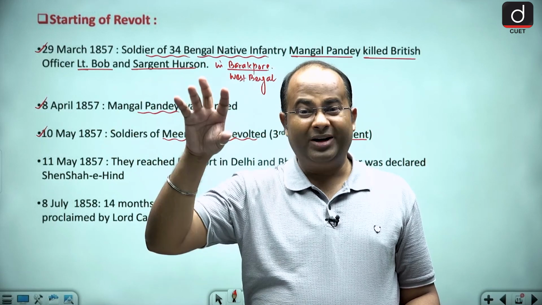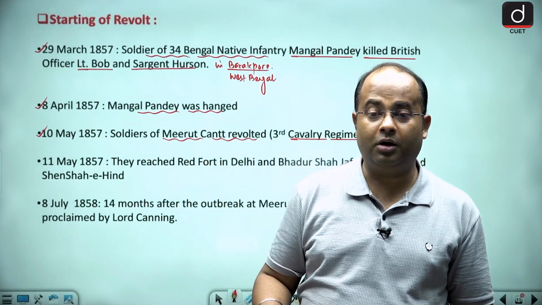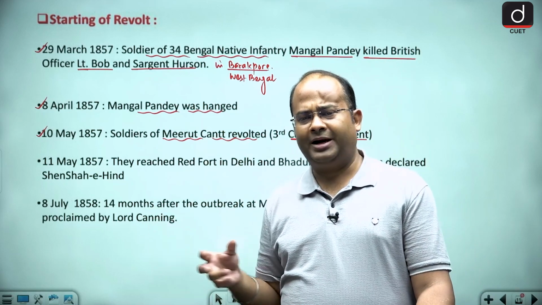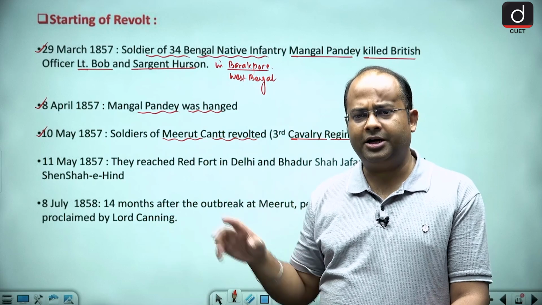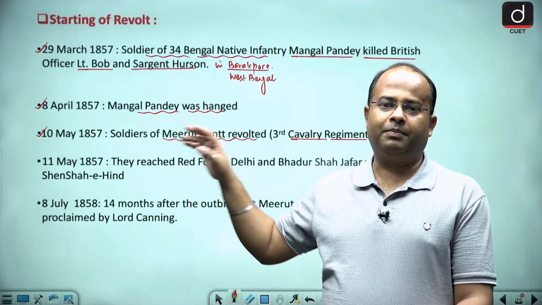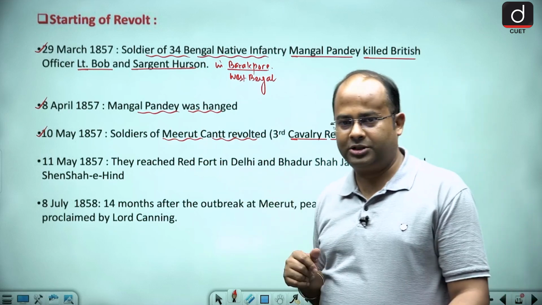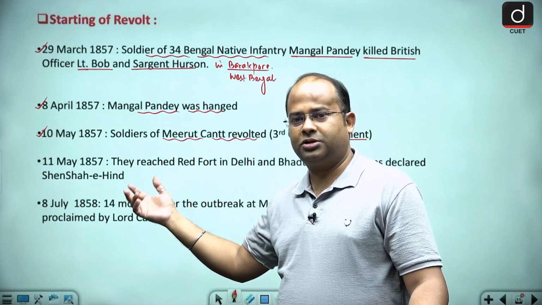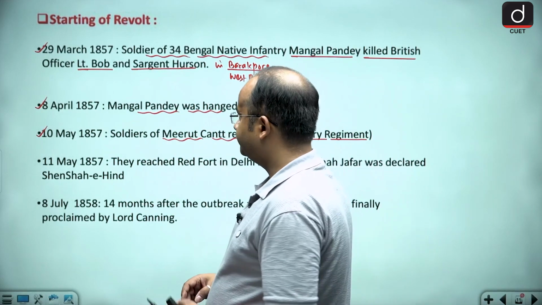Around 85 soldiers were arrested and given the punishment of 10 years for not following the order to use the rifle. So the soldiers of Meerut Cantonment also revolted against this activity.